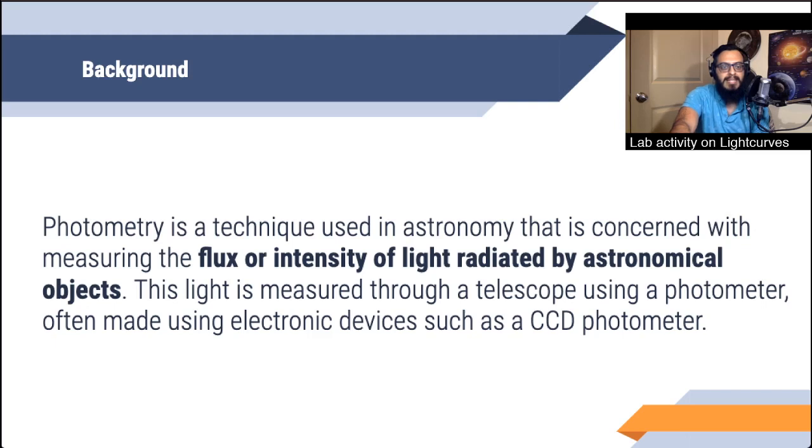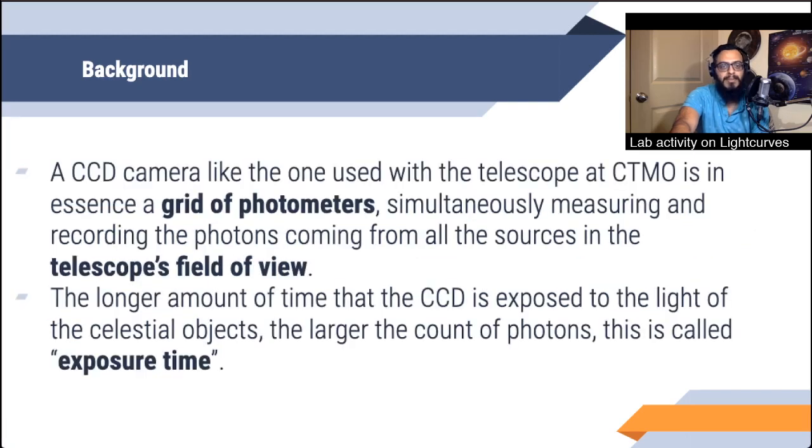This light is measured through a telescope using a photometer, often made using electronic devices such as a CCD photometer. A CCD camera, like the one used in the telescope at CTMO, is in essence a grid of photometers, simultaneously measuring and recording the photons coming from all the sources in the telescope's field of view.